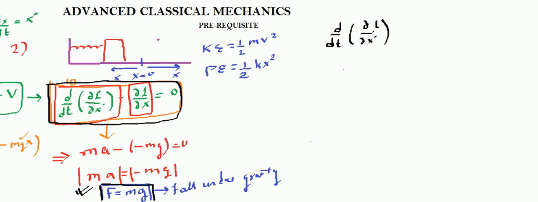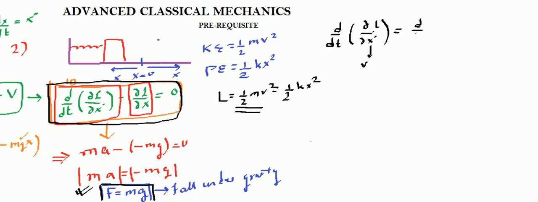What is the Lagrangian? In spring case, the value of Lagrangian is T minus V, that is half m v square minus half k x square. So what will be the value of this? Only the first term depends on velocity, and this is what x dot means, as I said earlier, it's velocity.